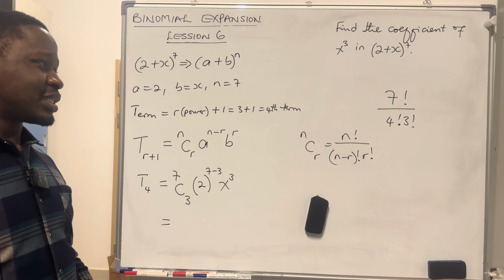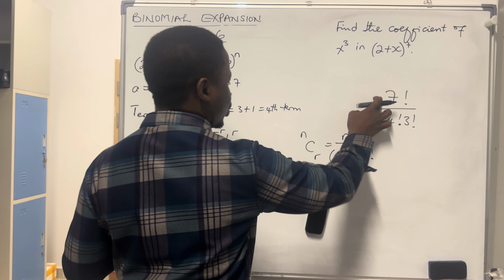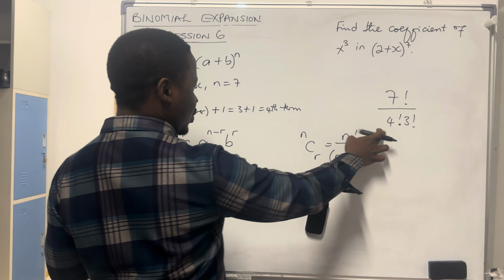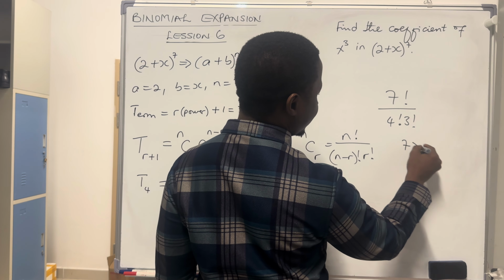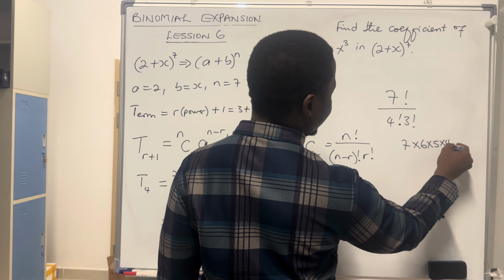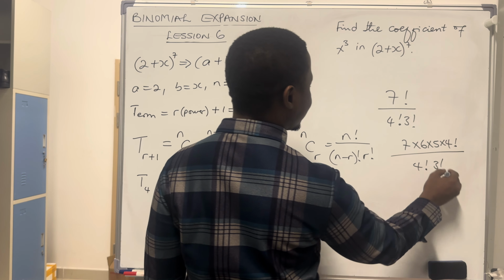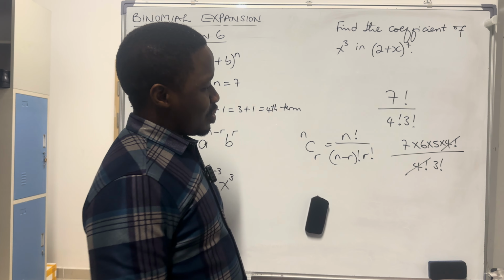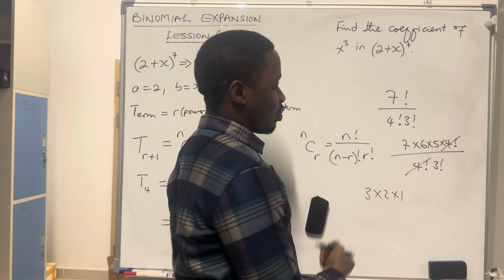But if you want to exercise, 7 gets to the top. n minus r, 7 minus 3 gives us 4. r factorial, 3 factorial. So 7 times 6 times 5 times 4 factorial over 4 factorial, 3 factorial. So 4 factorial takes away 4 factorial. What is 3 factorial? It's 3 times 2 times 1, which is 6.